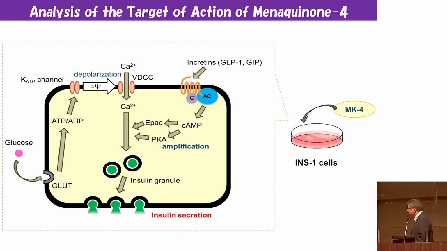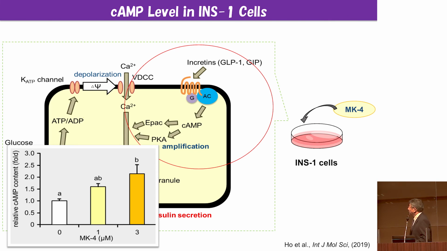Considering our results on the testes, we speculated that menaquinone-4 has the function of increasing the production of cyclic AMP. Thereby, we conducted an analysis focusing on cyclic AMP. We found that even in INS1 cells, treatment with menaquinone-4 causes an increase of cyclic AMP in the cells.